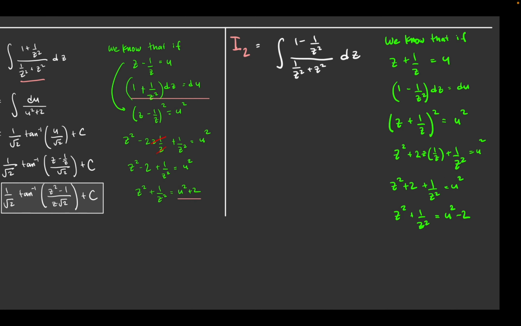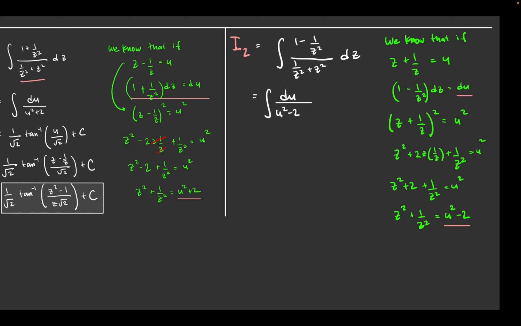Okay. So again, definitions, this one, and then that's it. So, parang may pagkakamukha lang din yung dalawa because itong ating 1 minus 1 over z squared dz is just your du. Right? Now, itong 1 over z squared plus z squared is just this, u squared minus 2. Okay.